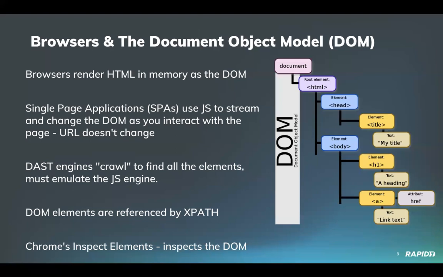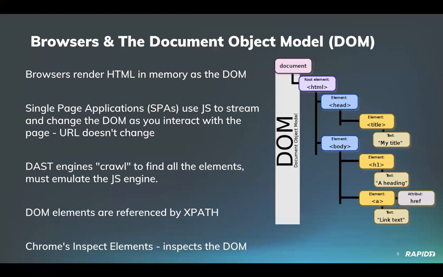They have to hover over things, they have to click on things that pop up inside there without changing the URL, in order to find all the different pages, because you can't attack what you can't crawl. So DAST engines, and that's where the universal translator comes in, is really good at emulating all of this JavaScript stuff and finding every nook and cranny of the website.